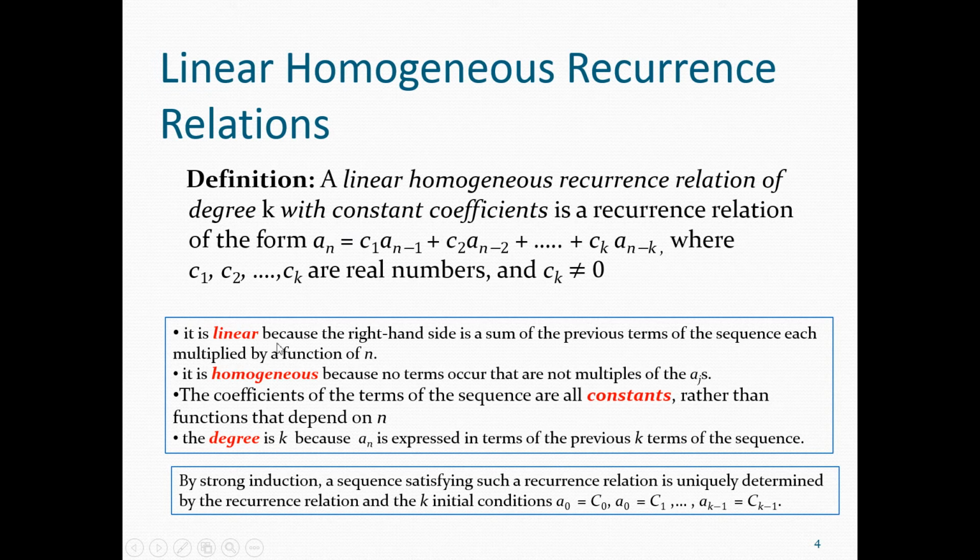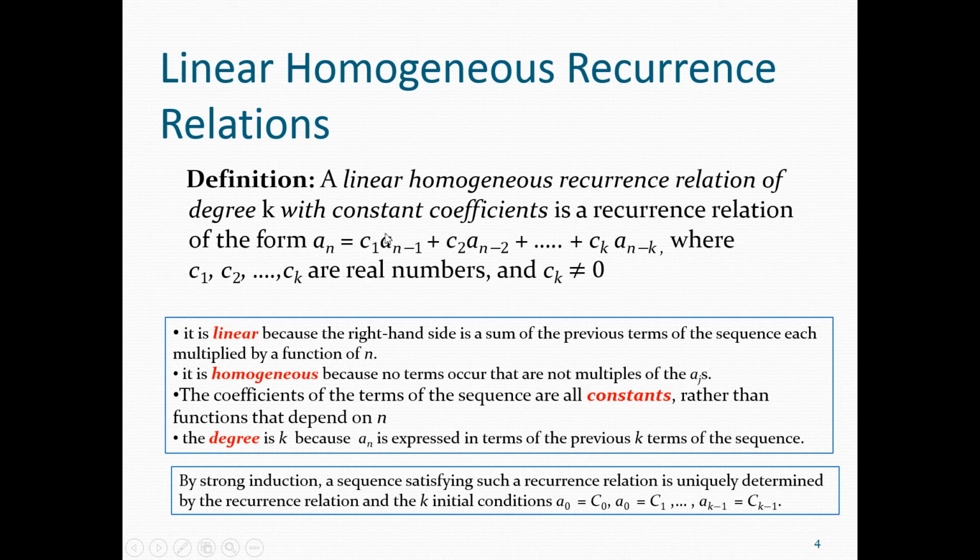Now it is linear because the right hand side of the expression is the sum of previous terms of the sequence, each multiplied by a function of n. It is homogeneous because no terms occur that are not multiples of these aj's.